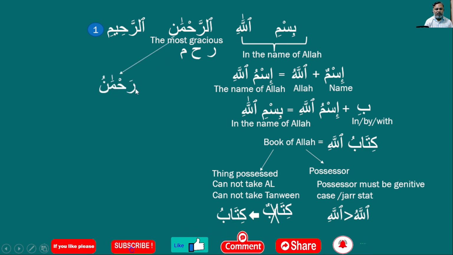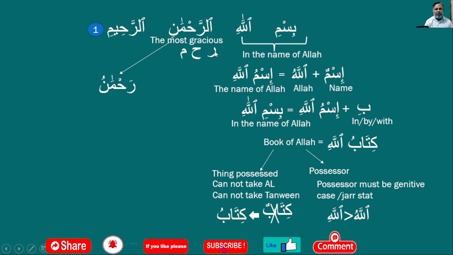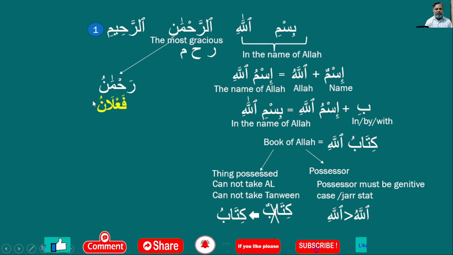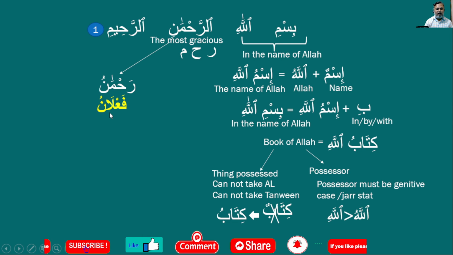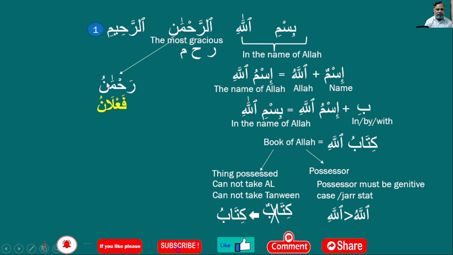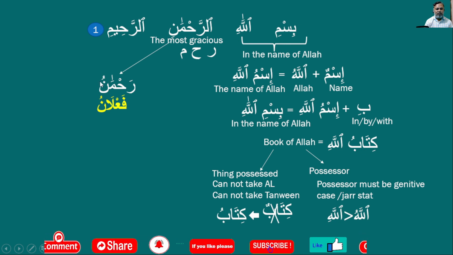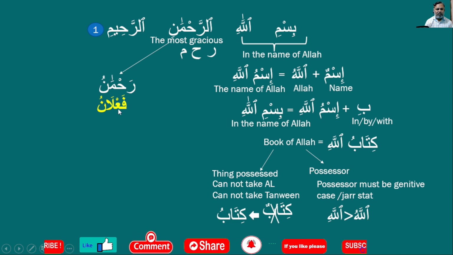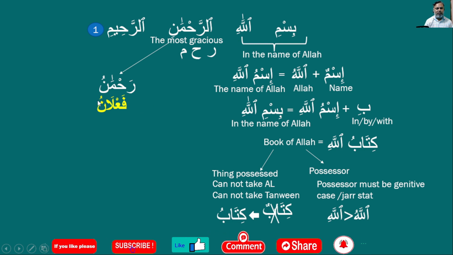The actual word is Rahmanu, following the pattern Fa'lanu, a noun derived from the three root letters. Most nouns take two dhammas at the end of the last letter, but this noun will take only one dhamma because it follows this pattern.